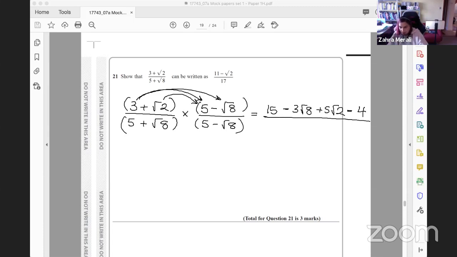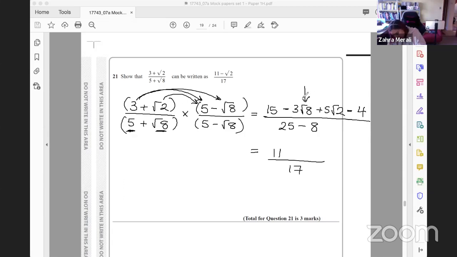And on the bottom, we're going to get the square of the first, because remember this is a difference of 2 squares. So we're going to have 5 squared, which is 25, minus root 8 squared, which is just 8, which is minus 8. So we can see where the 17 comes from. And on the top, we've got 15 minus 4 to give us the 11.